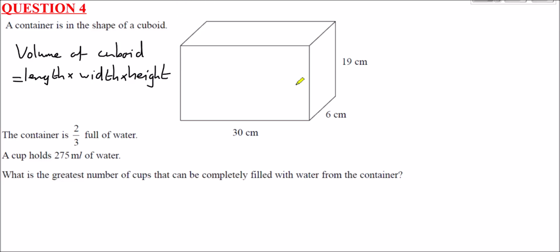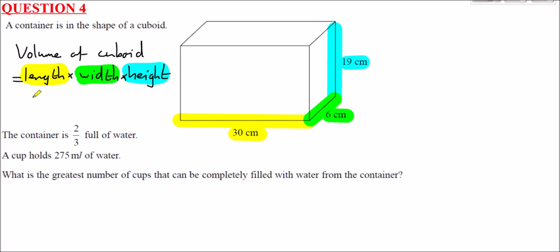So do we have all this information? Actually, yes, we do. The length from here to here is 30. The width this way is 6, and going up, the height is 19.